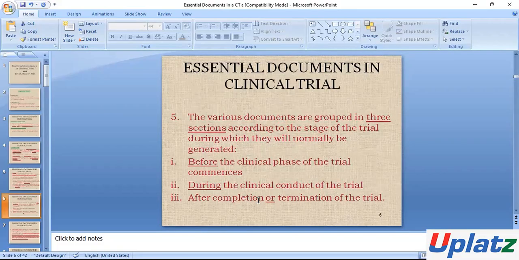So depending upon the phase of the trial, we have separate documents for each phase. Before the clinical phase of the trial commences, there are some documents. During the clinical conduct of the trial, there are some documents which are called essential. And after completion or termination of the trial, there are some documents which are marked as essential documents.